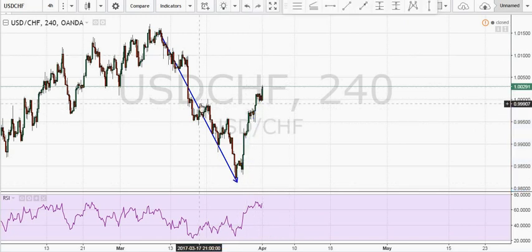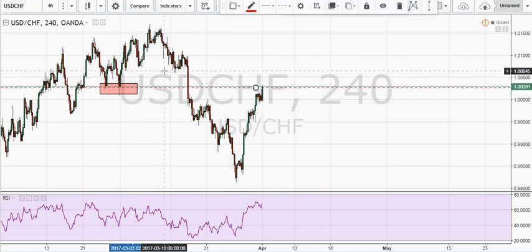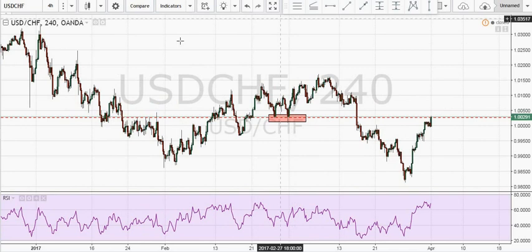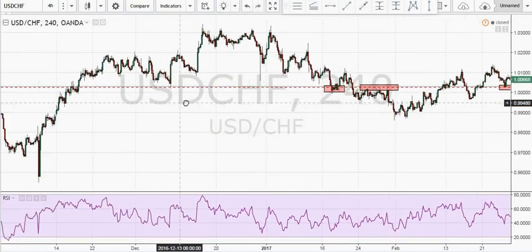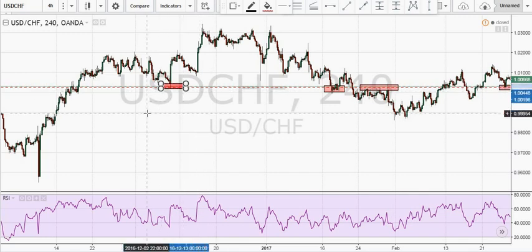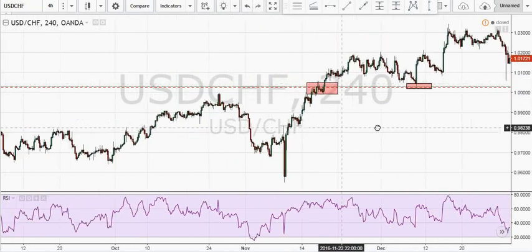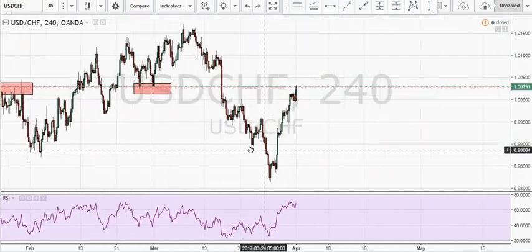So if we were to look for a short opportunity, first thing we want to look at is structure. We see that there is structure here. If we were to draw a line, price rejects this area twice, which means that it's a very respected level. Price also rejects it here. We have very nice support here, very nice resistance, then support here. So you can see that once again, this is a very respected area.